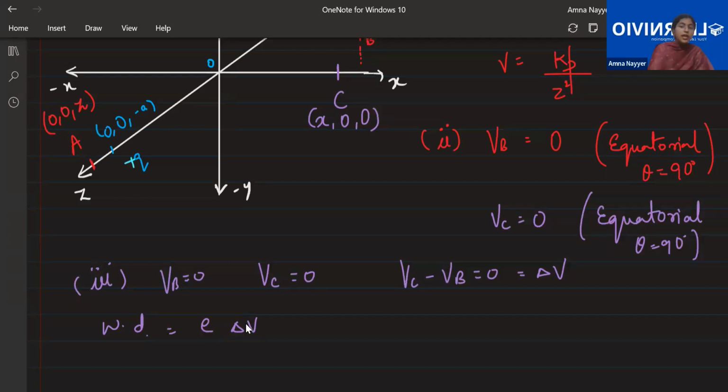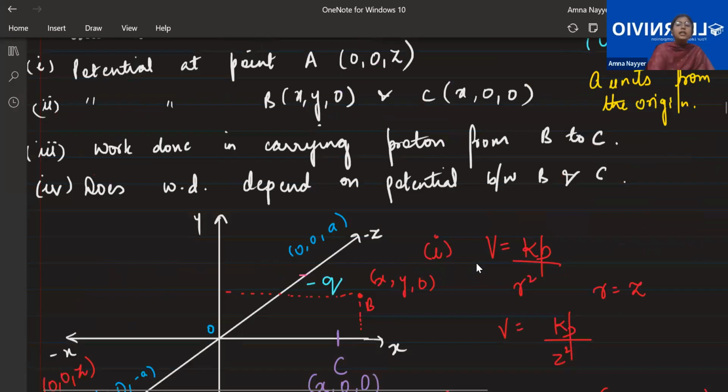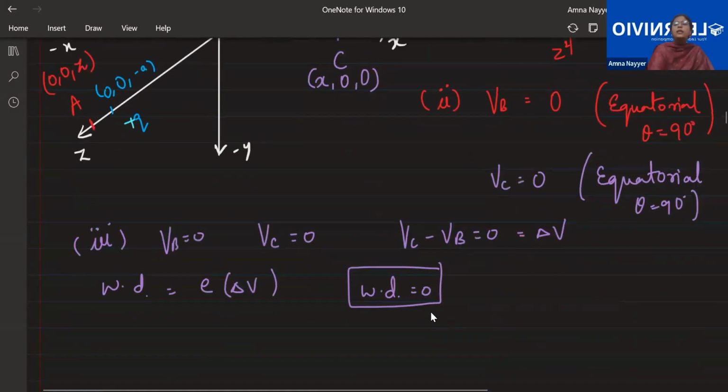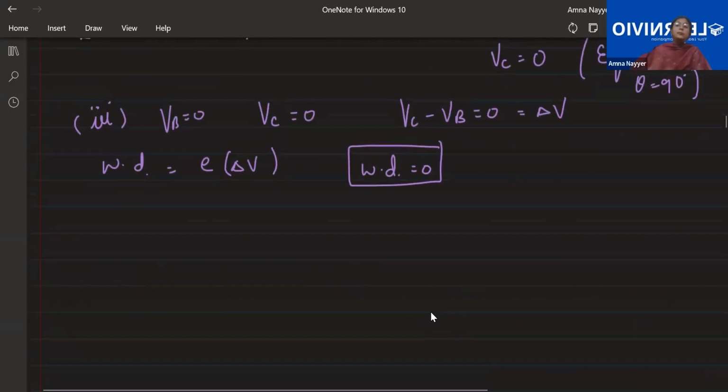And if there was a value of delta V, we would have written it like this: e into delta V. So this is 0, work done is 0 in this case. Does work done depend on the potential between B and C? There is no potential. How will it exist? It actually depends on the potential, but right now there is no potential.